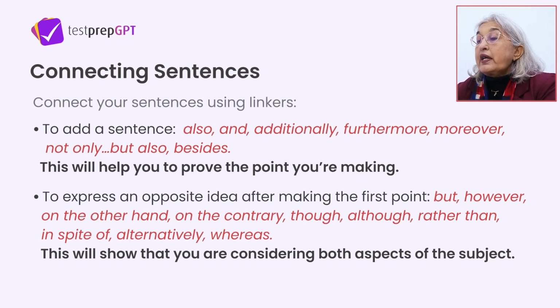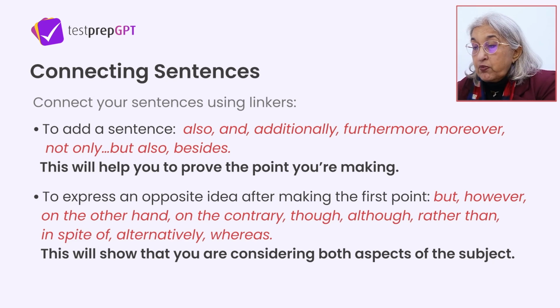You have to see what kind of sentence you will use a particular linker. But when you use these linkers, it shows that you are actually considering both aspects of the subject, that you are discussing the subject in detail. You are looking at first one aspect, then another aspect. This is what you need to do. You need to consider all the aspects.